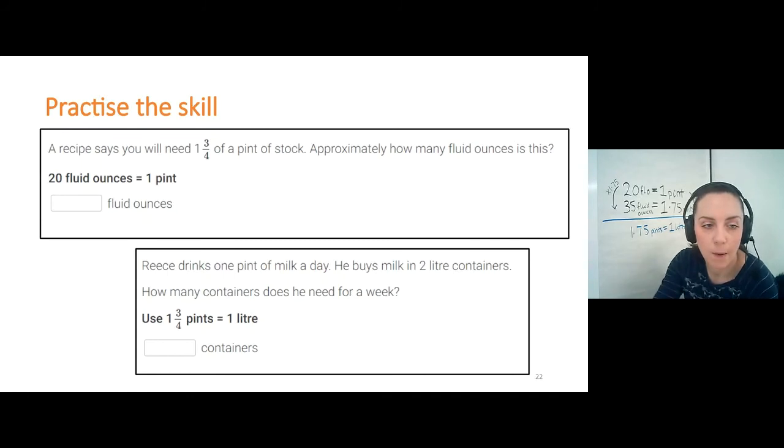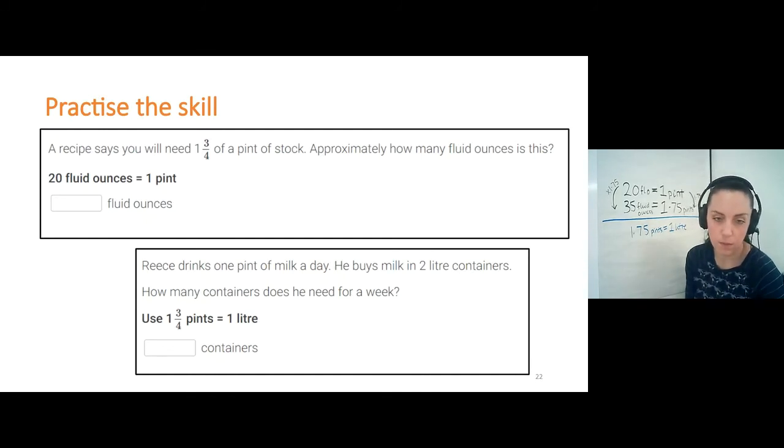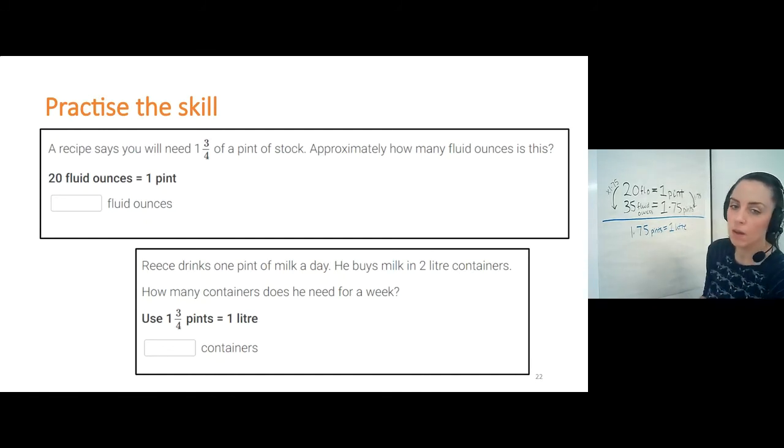Let's let everybody have a go. So the first line of this question is the important element here. Reese drinks 1 pint of milk a day. How many containers does he need for a week? So how many pints does he drink in a week?